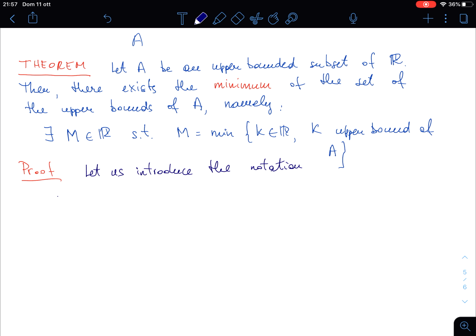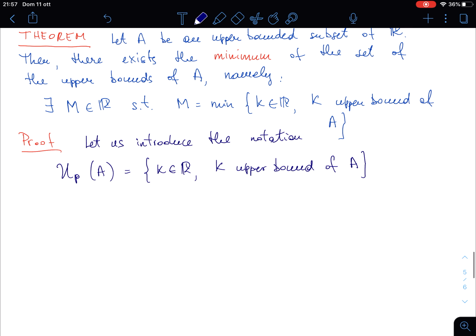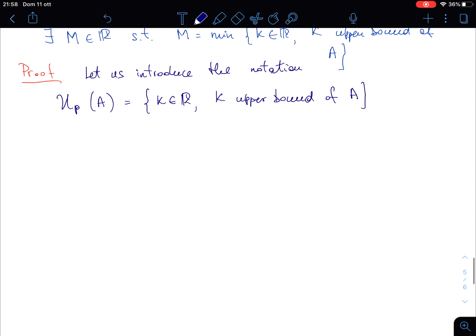So this is up of A, equal to all k's in R such that k is an upper bound of A. Let me just stress what an upper bound is.